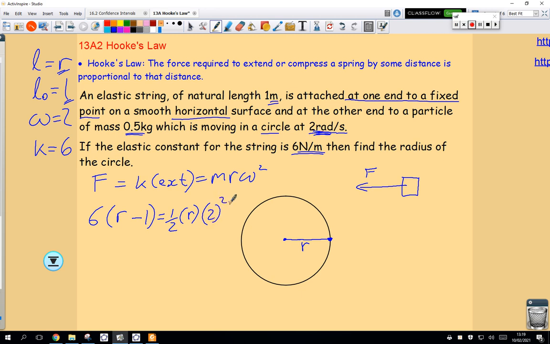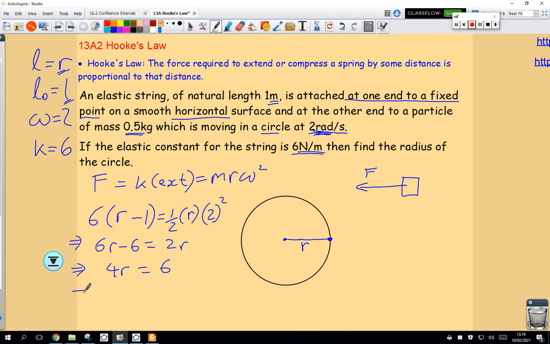And now all I have to do is solve this linear equation. 6 times r minus 1, well that's 6r minus 6. And that equals a half times 4r, that's equal to 2r. Okay, I'm going to subtract 2r from each side. I'm going to add 6 to both sides. So I'm going to get 4r equals 6.